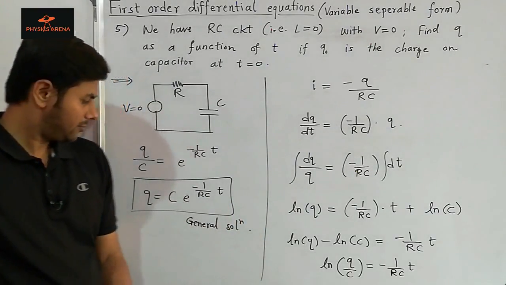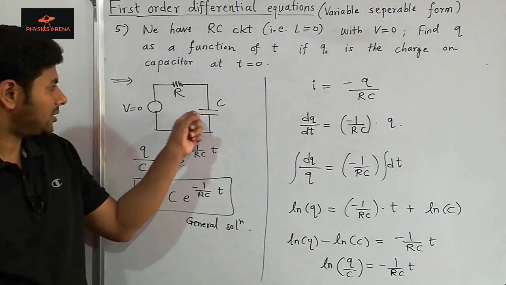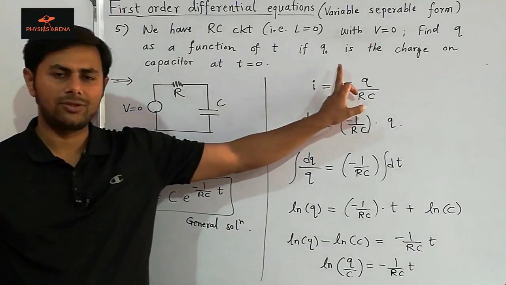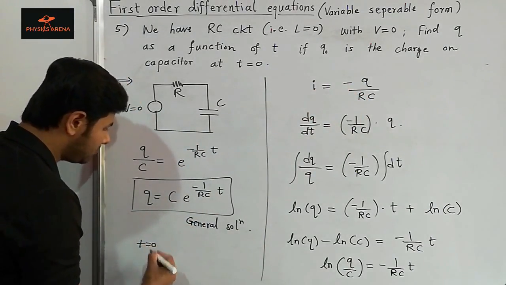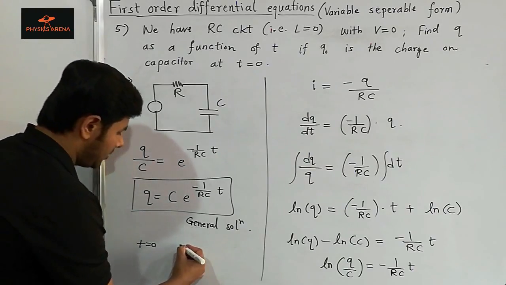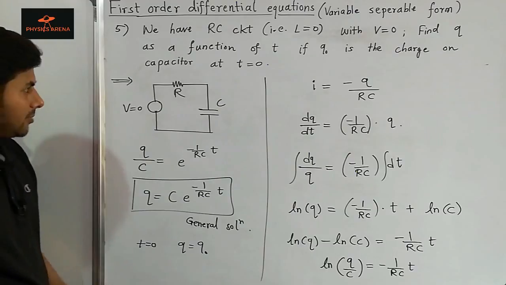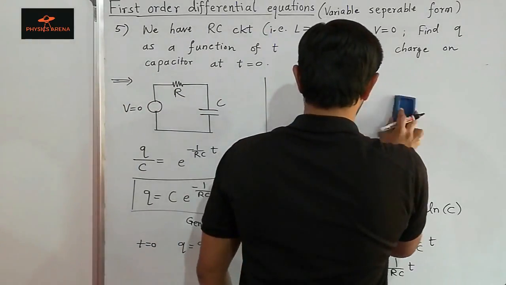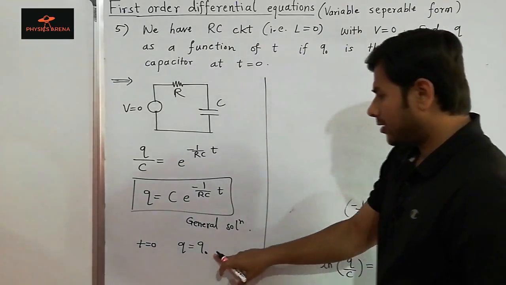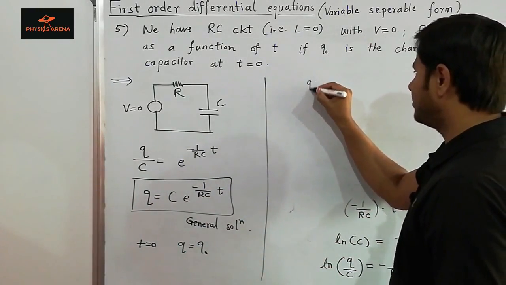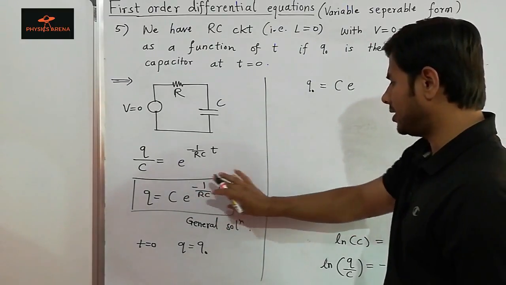Okay. Now let's substitute the initial condition. So the initial charge on the capacitor is Q naught. So when t equals 0, Q equals Q naught. Let's substitute that. So we have Q equals Q naught equals C e raised to something into 0.